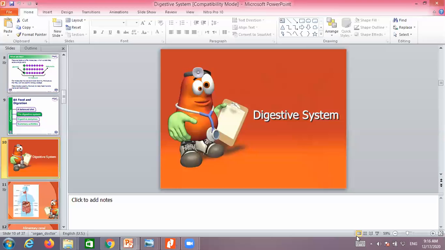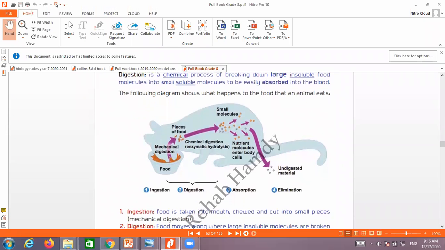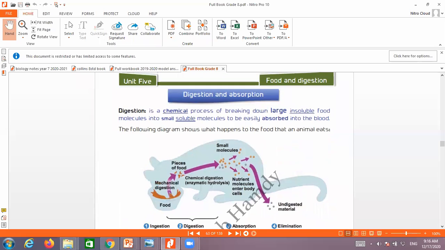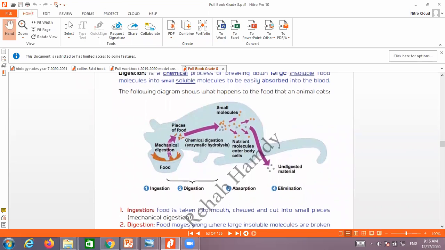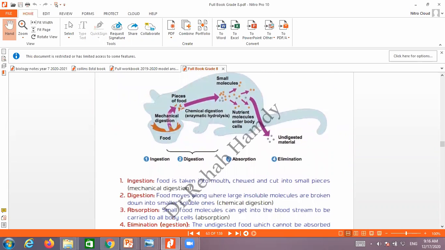Bring page 54, the very last thing. Here it says that digestion happens in 4 processes. The first is ingestion: the food is taken into the mouth, chewed and cut into smaller pieces, so this is mechanical digestion.